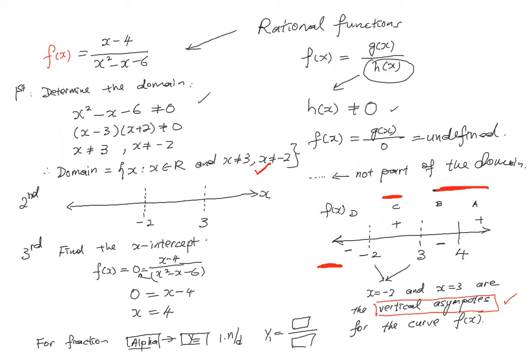Yes. So now with this sign diagram, I'm going to redraw it on the other page. I write down the function first for easy reference. So I have my f(x), which is (x minus 4) over (x squared minus x minus 3).